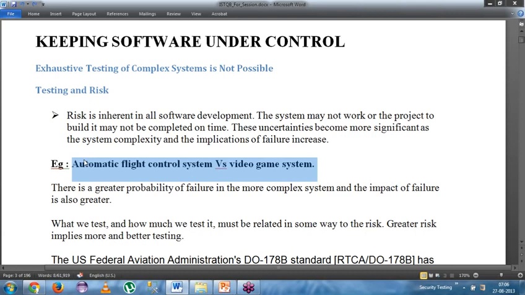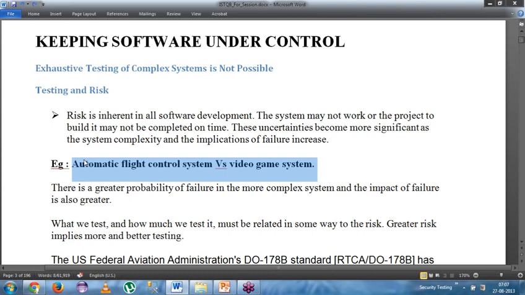This is why we need a clear demarcation between the risk assessment and what we need to do when we have such complex systems. The flight control system is more complex, isn't it? I think everyone will accept that. The reason is we are dealing with life. It's a matter of life and death here. So it is more complex and also riskier.